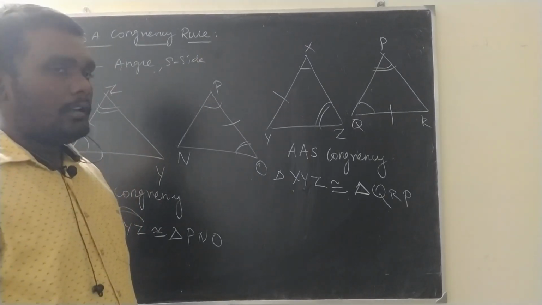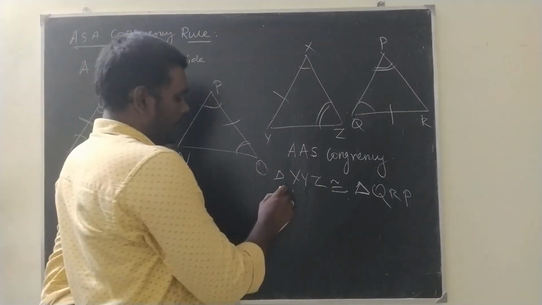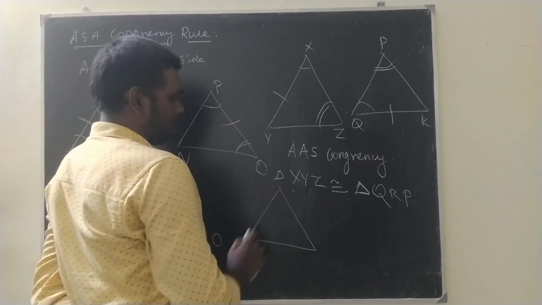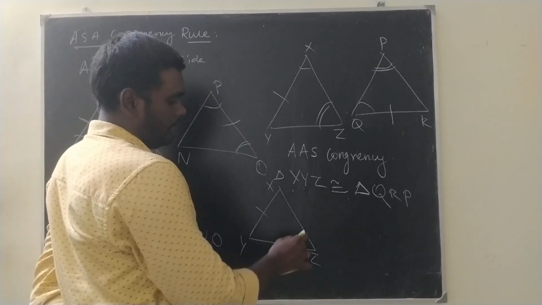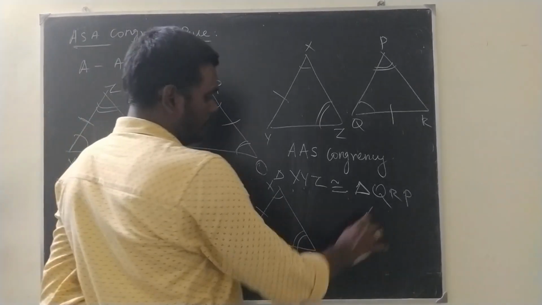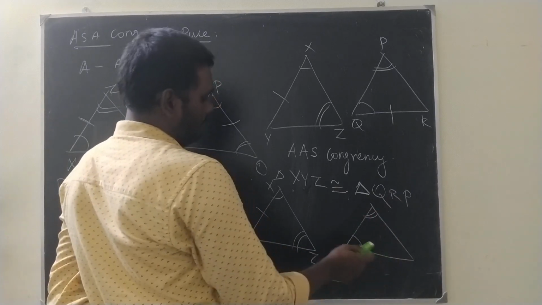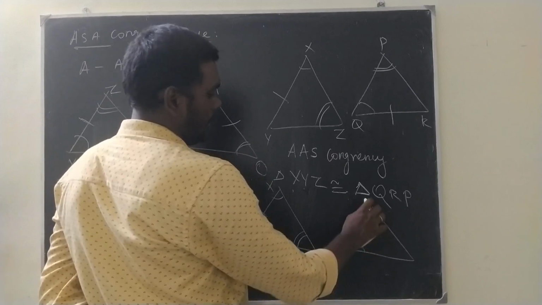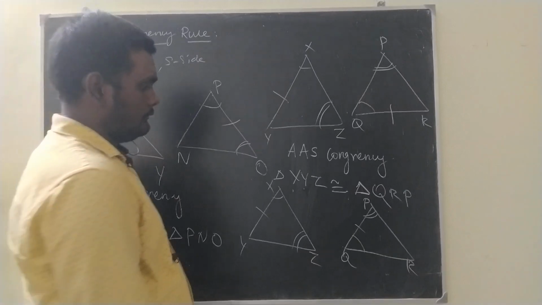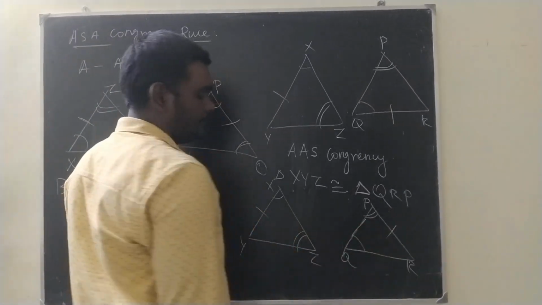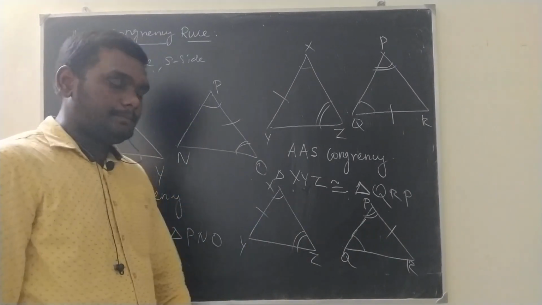Okay. Now we will talk about an example in the same manner. Instead of that side, see, XYZ: here one angle, here two angles, here one. Then PQR. Shall we say these two triangles are congruent?